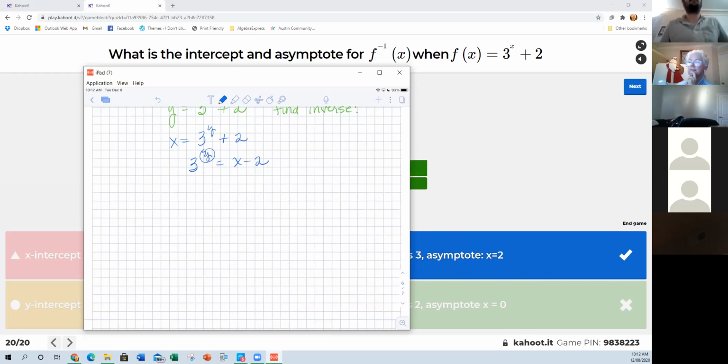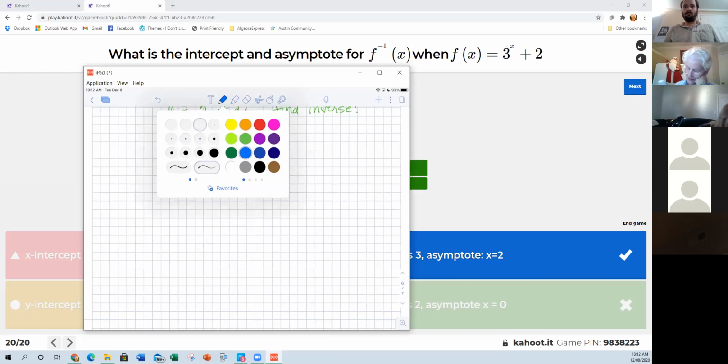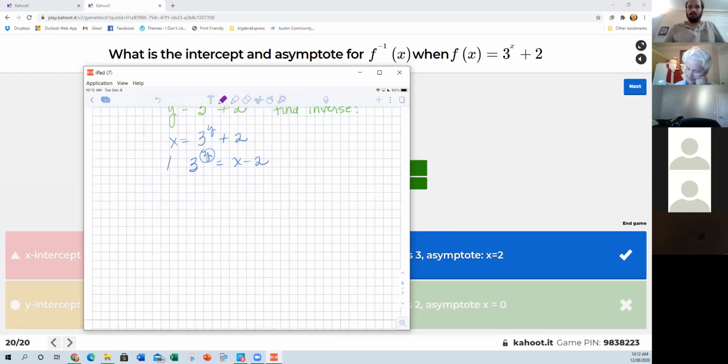How do you get rid of the exponent? What would you do? Take log base 3. Thank you. Yes, you would take log base 3 of both sides, and you would get y equals log base 3 of x minus 2. And that is your inverse.